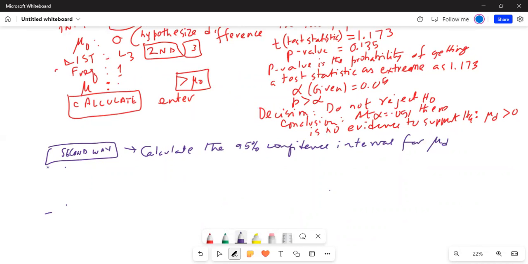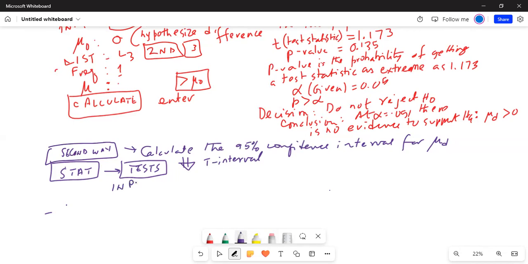Okay. So what will you do? Stat button, then highlight test on the top row, then scroll down to t interval. Okay, hit enter.